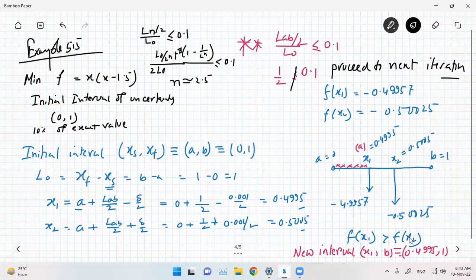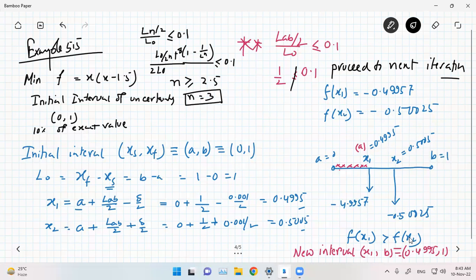We are going to get something like this, approximately 2.5. So we can say that the next closest value is n equal to basically 3. So that is why it means that we have to go for 3 iterations.